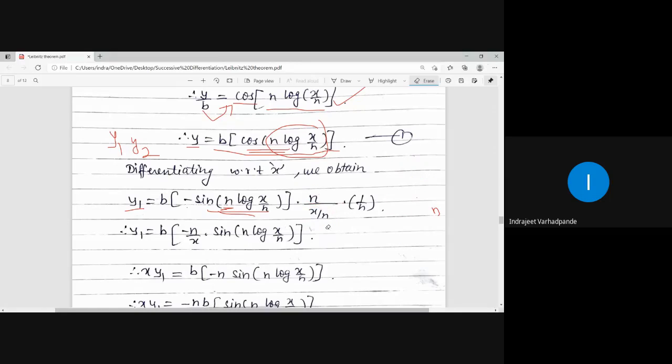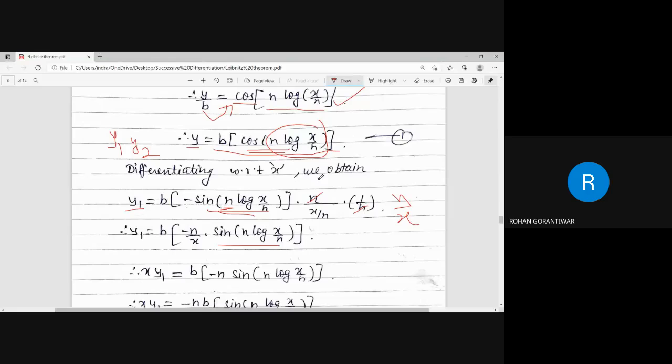But here, though it looks complicated, क्या cancel हो जा रहा है बेटा? ये n और n cancel हो गया. This n and this n is cancel. This goes to the numerator, will become n by x. So b into minus n by x sine of this. Is this clear? Yes, sir.